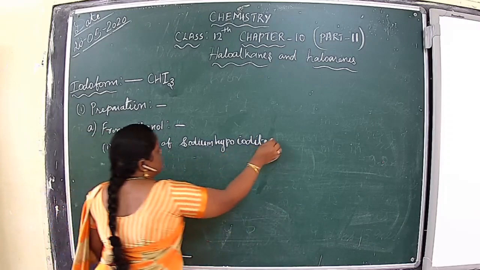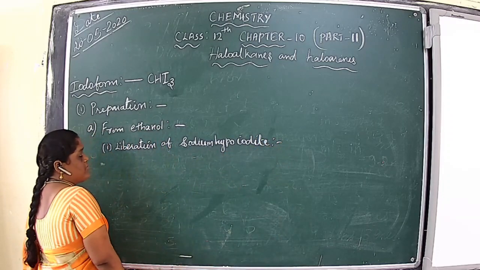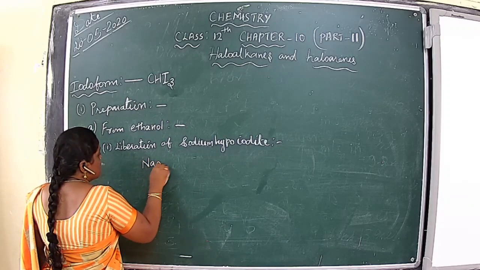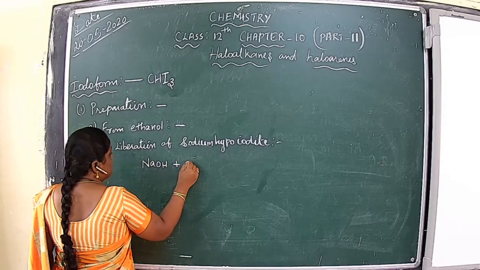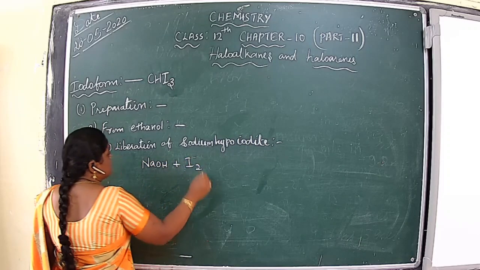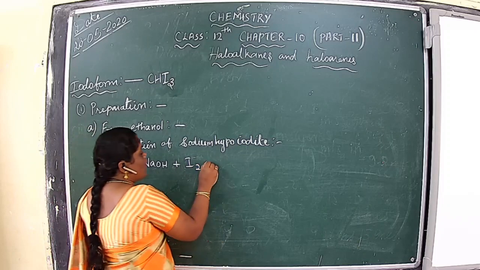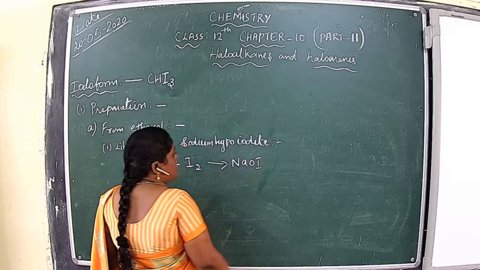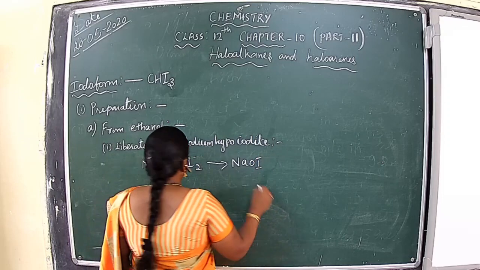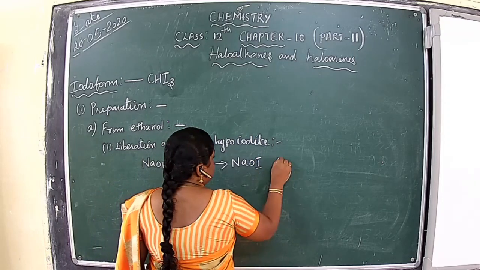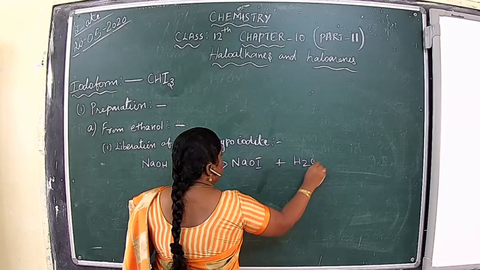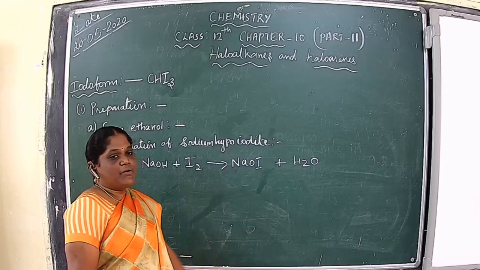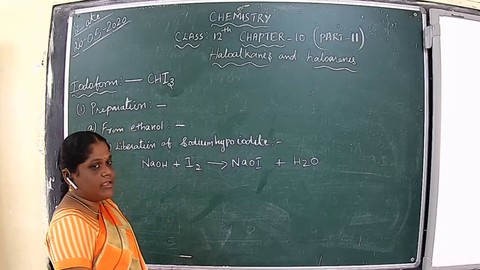How can we prepare sodium hypoiodide? Sodium hydroxide reacts with iodine to form NaOI, sodium hypoiodide, plus H2O. Understood? Sodium hypoiodide, NaOI. Okay.